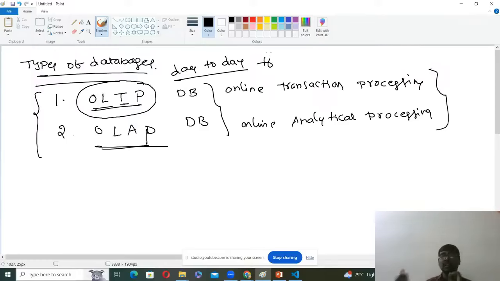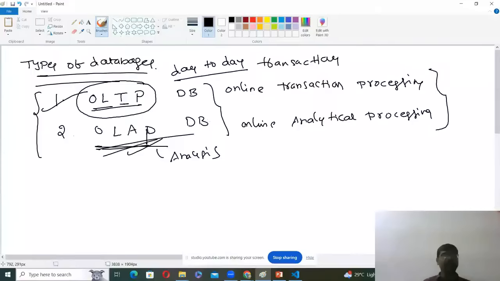All day-to-day transaction maintenance, we are using OLTP. One day I got profit, one day I got less. So for all those analysis purposes, we will discuss additional points, but before that, these are the two types.